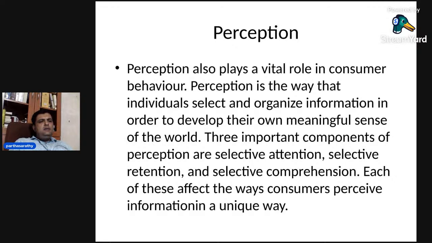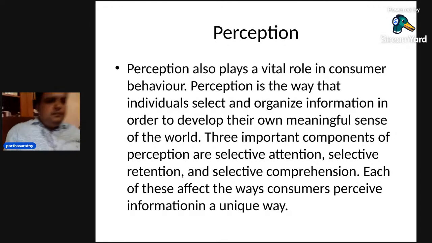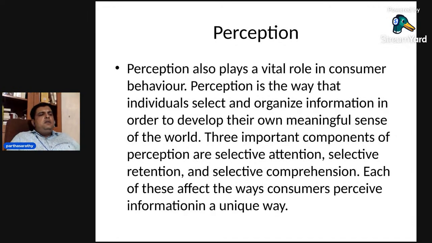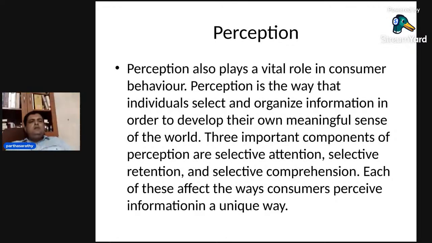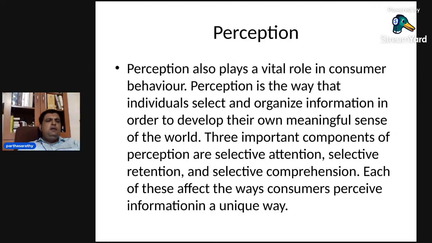Perception is a very complex process, and that is why I told you different people have different perception levels and vice versa. So perception cannot be the same. That is why these psychological concepts are very difficult to understand, because human behavior itself is a very complex phenomenon.